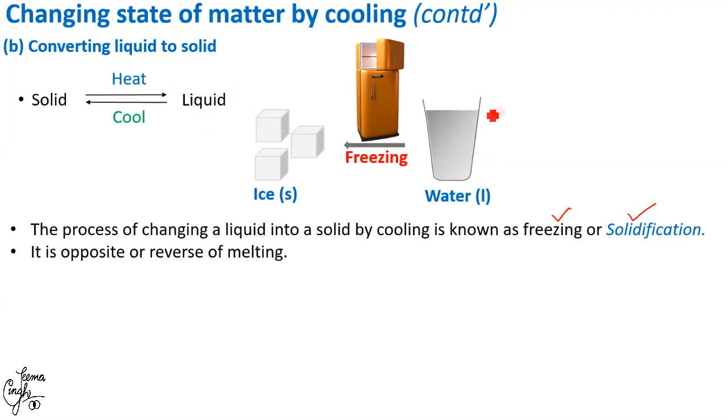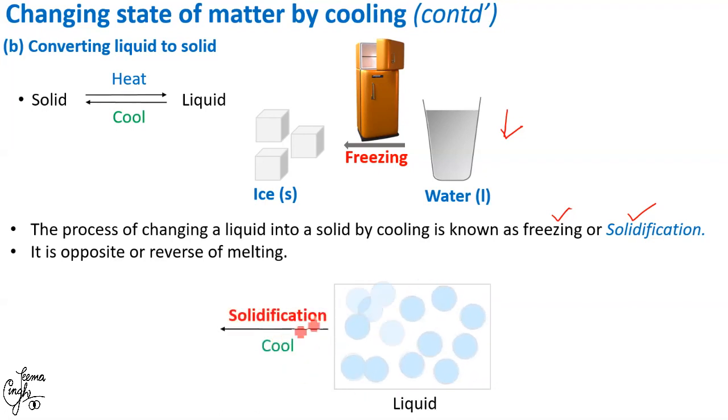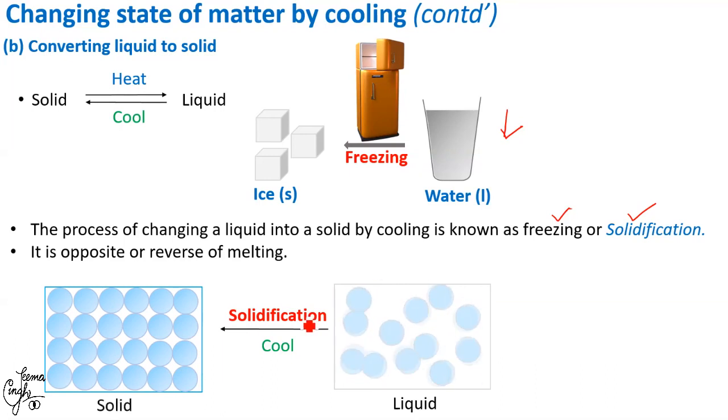For example, let us take water. As you lower the temperature of water, the kinetic energy of the liquid molecules lowers, and at one particular or fixed temperature, which is 0 degrees Celsius, the liquid gets sufficiently cooled that the particles stop moving and only vibrate about their fixed position and thus eventually convert into solid ice.